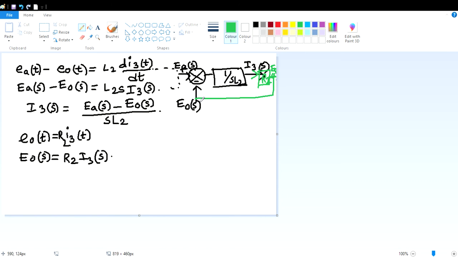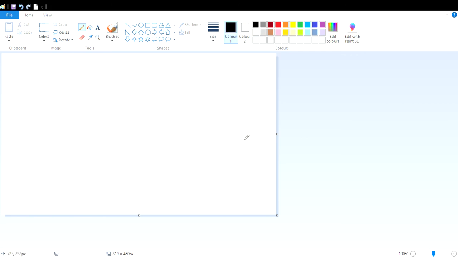So if you want, I am showing you the overall block diagram of that particular circuit we have drawn initially. Initially I have EI(s). This EI(s) is fed to a comparator block, where there is also E0(s).